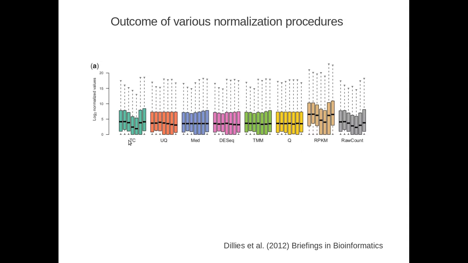Here, this total count, I believe, is just when you normalize by library size, but you don't normalize by gene length. Anyways, you can see that for most of the normalization protocols here that are commonly adopted, you do at least get rid of some of the major problems that are associated with the raw RPKM and raw counts.